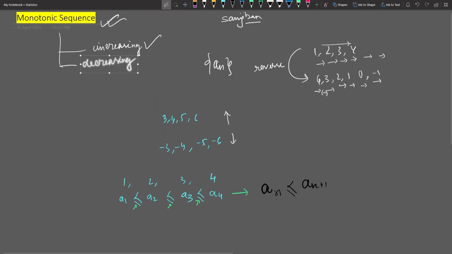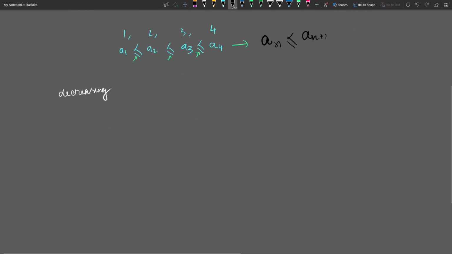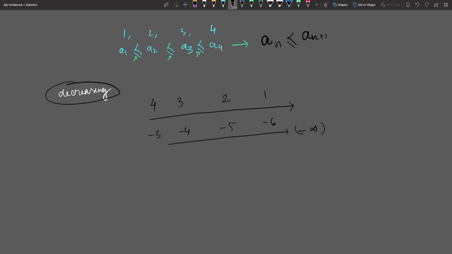What is monotonically decreasing? Just see these numbers 4, 3, 2, 1 or minus 3, minus 4, minus 5, minus 6. These all are going to be negative and this is going to minus infinity. So this is monotonically decreasing. Now let me explain it by notation.